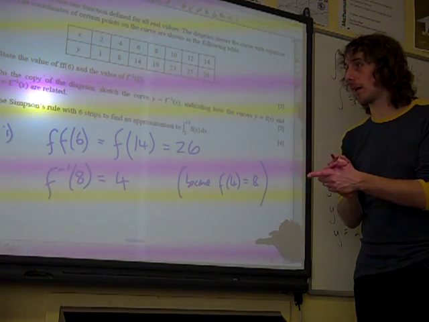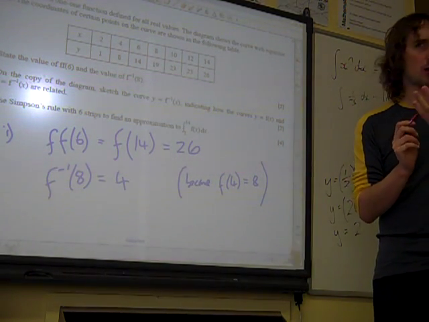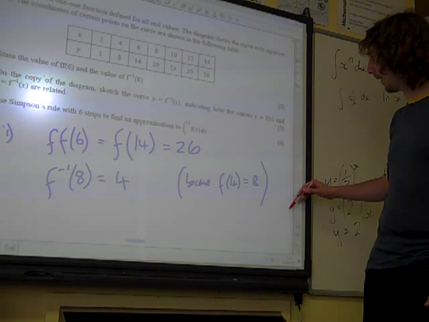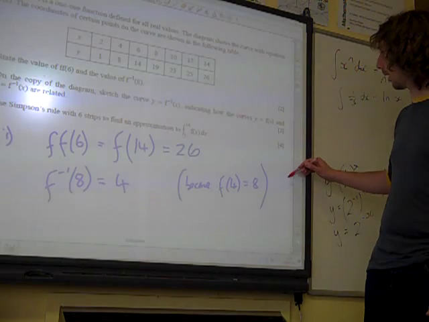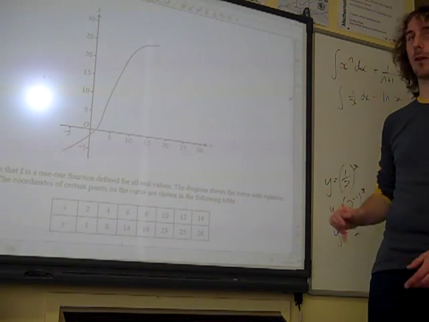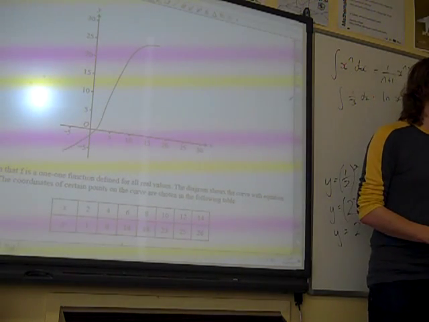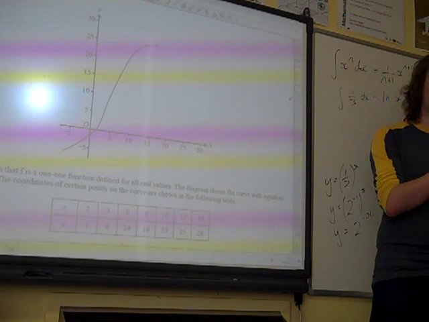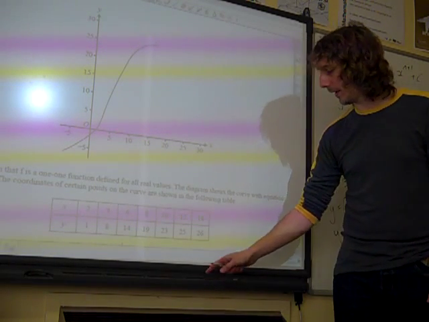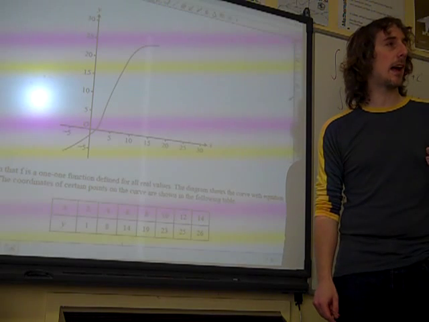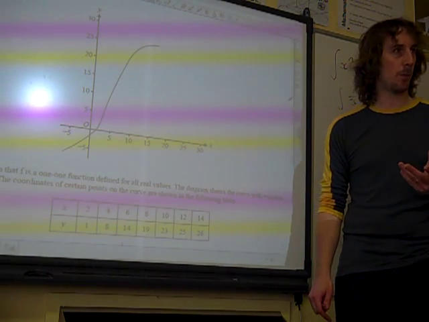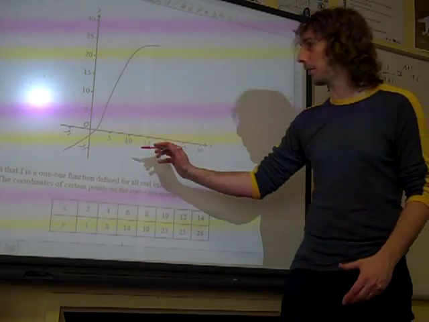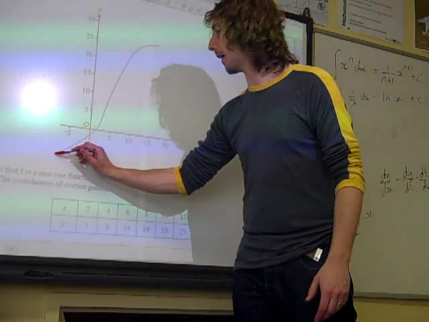Right, part 2. On the copy of the diagram in your answer booklet, sketch the curve of the inverse, indicating how the curves are related. I'm just going to do it on this graphic because I've got this ready for me. An important first step is to indicate how the graphs are related. So we're going to draw the line y equals x, because for a function and its inverse we reflect in the line y equals x.